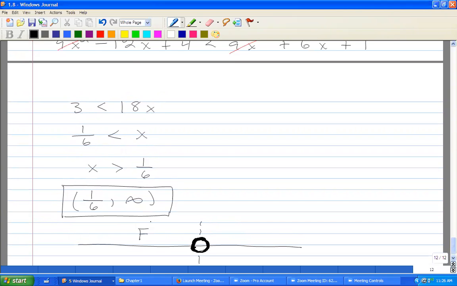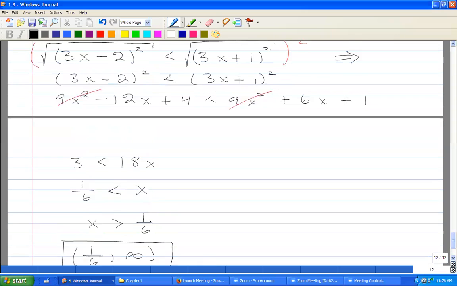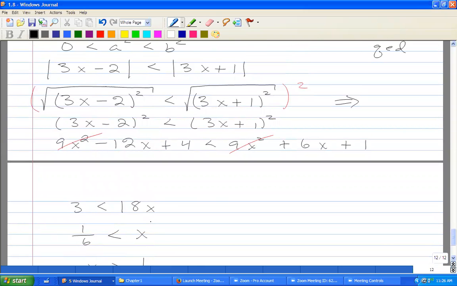Whereas pick something greater than 1/6, let's say 1. 3 times 1 is 3 minus 2 is 1. And 3 times 1 is 3 plus 1 is 4. Absolute value of 4 is 4. So is 1 less than 4? That's true.